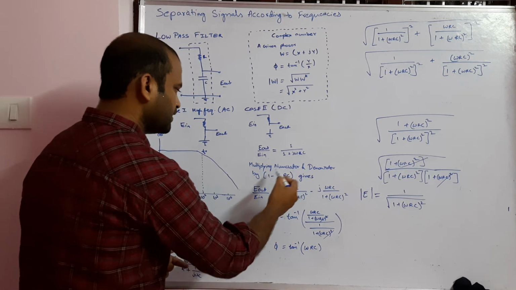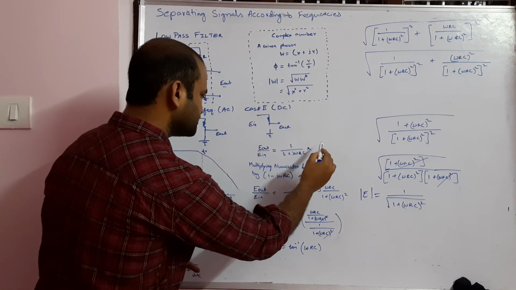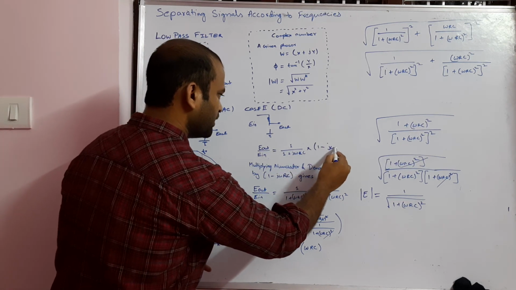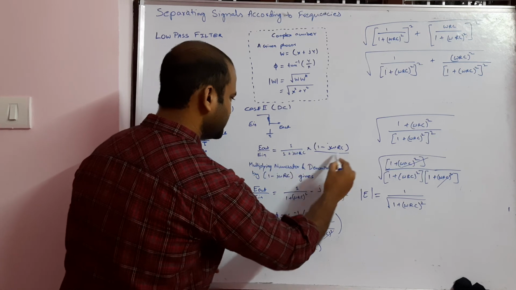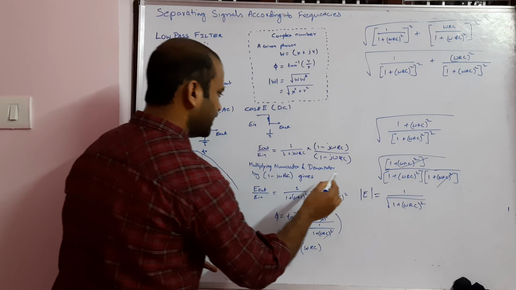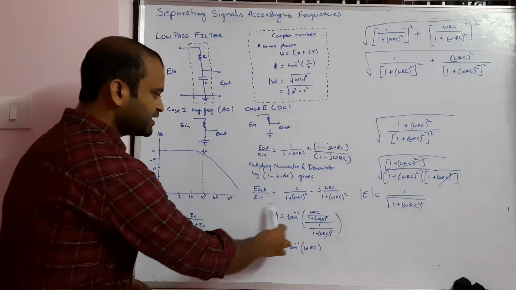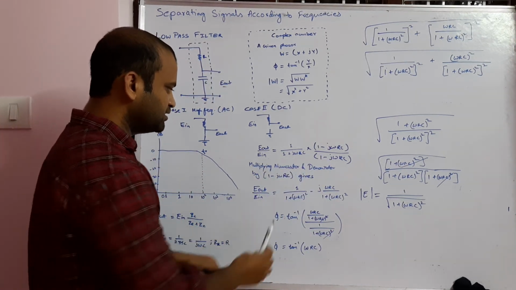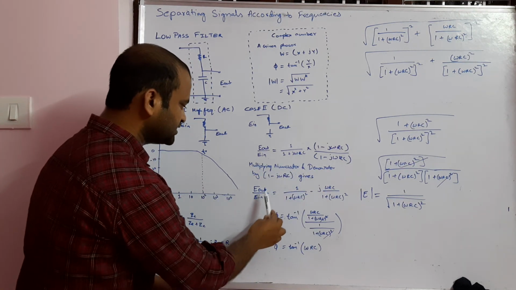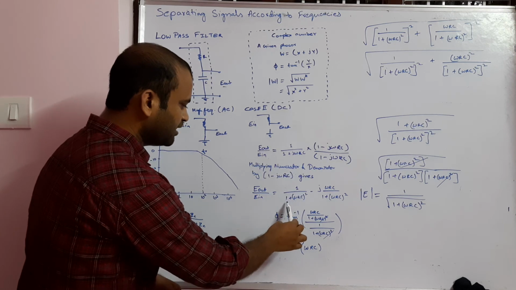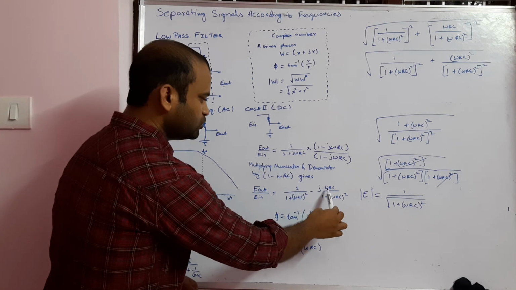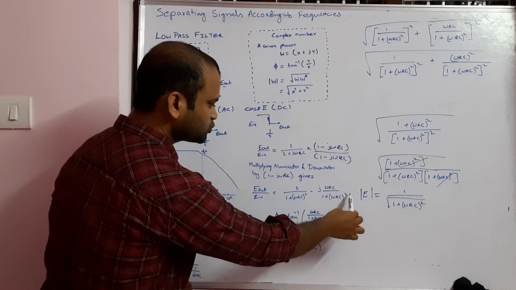If you multiply the numerator and denominator by 1 minus j omega RC divided by 1 minus j omega RC and do the simplification, you will get E out by E in is equal to 1 by 1 plus omega RC square, minus j into omega RC divided by 1 plus omega RC square.